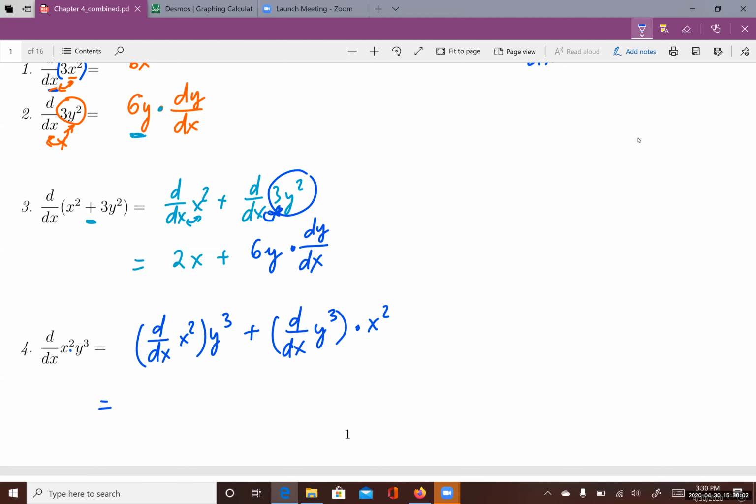Again, x and x here are the same, then we can just use a power rule times y cubed. X and y are not the same, then we have to use implicit differentiation. That means it's going to be 3y squared times dy dx. And then you multiply by x squared.